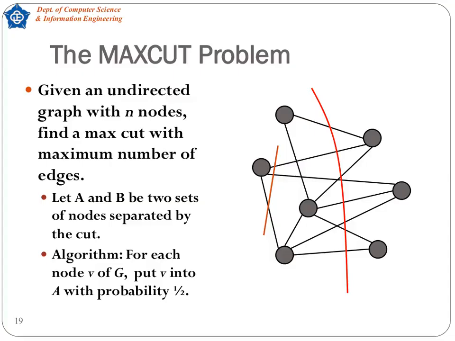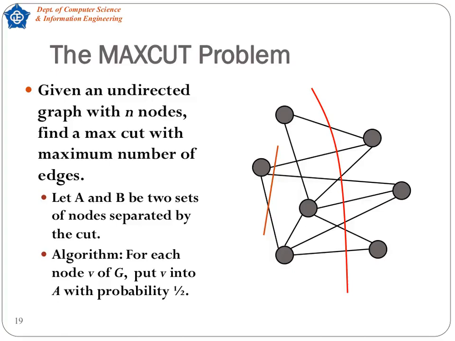To visualize this, take a look at the example graph on the right. You can see it features 6 nodes and several connecting edges. Notice the prominent red curved line representing one such cut through the graph, effectively separating the nodes into 2 distinct groups. The edges that are intersected by this red line are the ones contributing to the size of this specific cut.